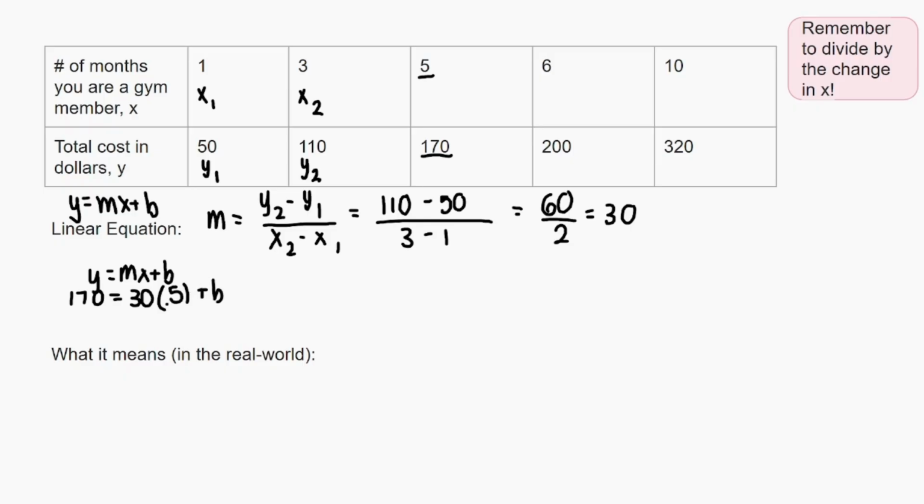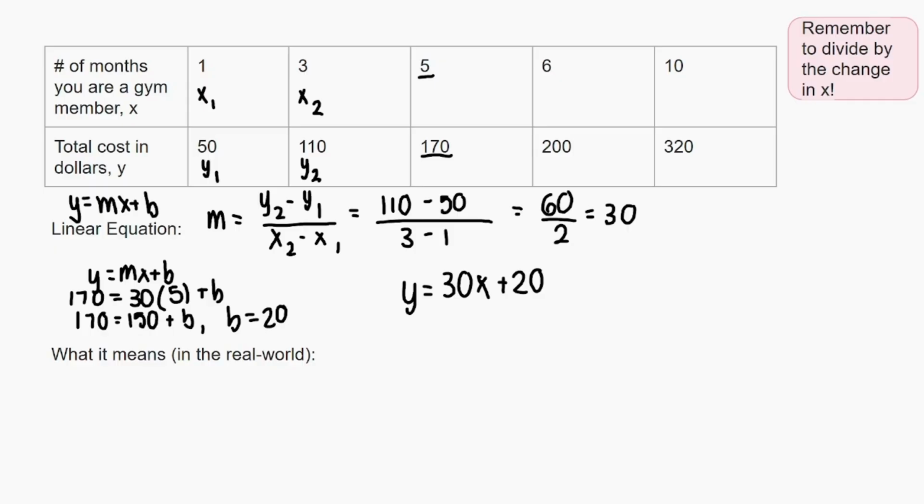So after this, we have 170 equals 150 plus b. When we subtract 150 from both sides, we get that b equals 20. So our equation that we end up getting is y equals 30x plus 20.